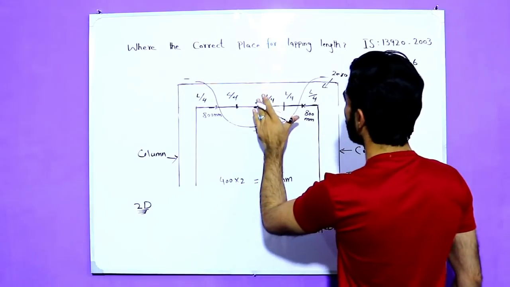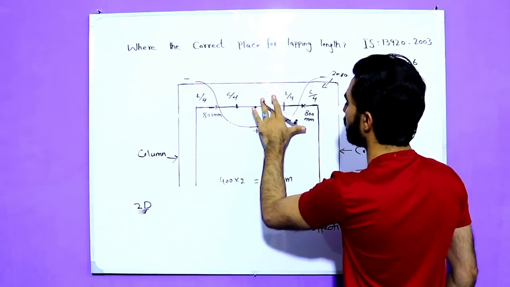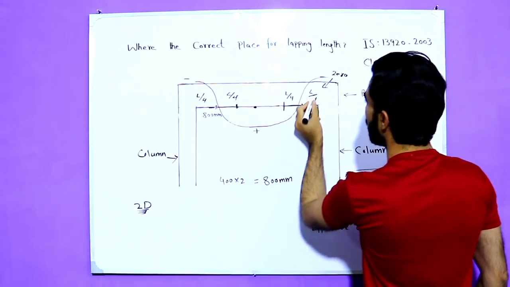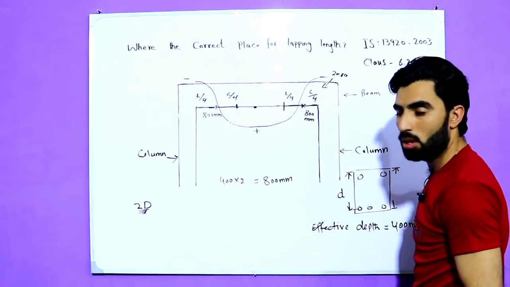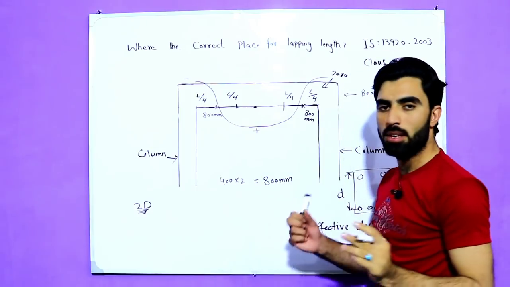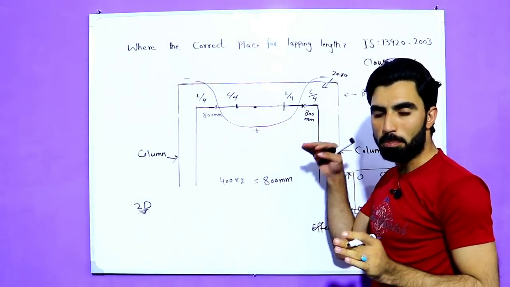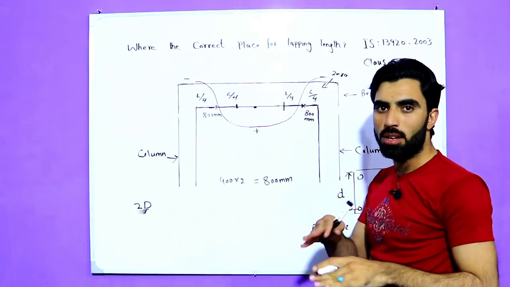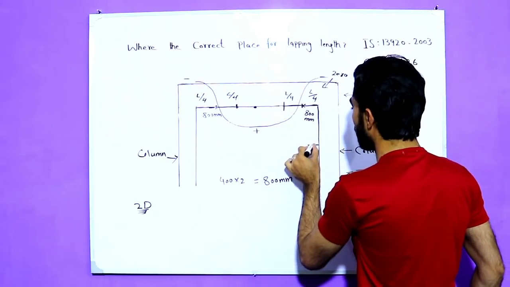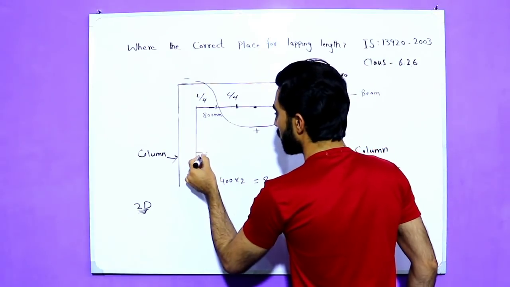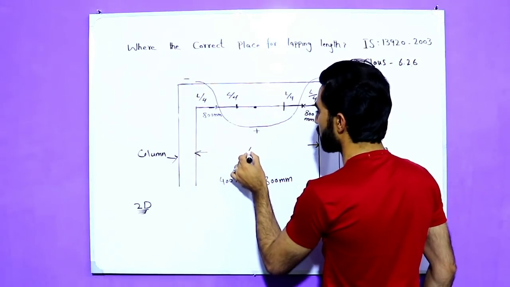Okay, yes, L by 4, it's okay. Also, there are bent up bars crossing, for steel bars. Okay, so guys you can see, for example, if the length of the beam is 6 meters.